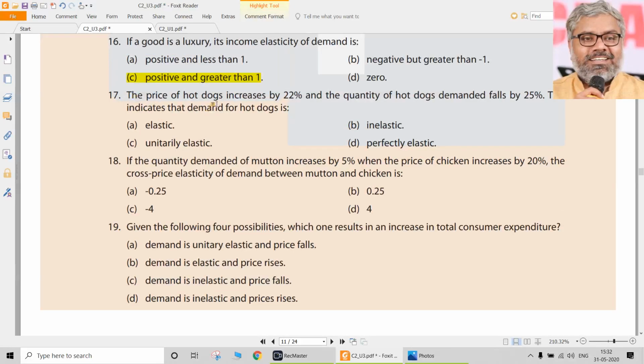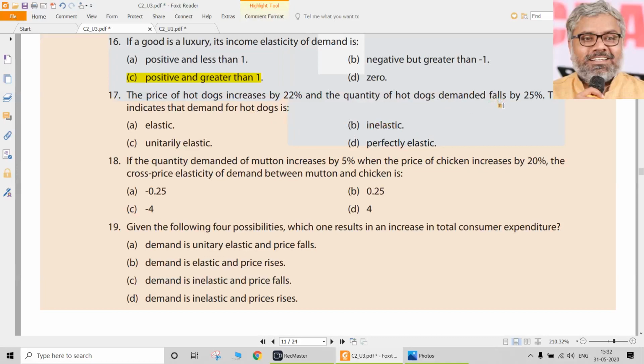Then some other questions are there for practical computation. The price of hot dogs increases by 22%. Quantity of hot dogs demanded falls by 25%. So this indicates the demand for hot dogs is what? Elastic, inelastic, unitary elastic, or perfectly elastic. First we should know what each of them means.